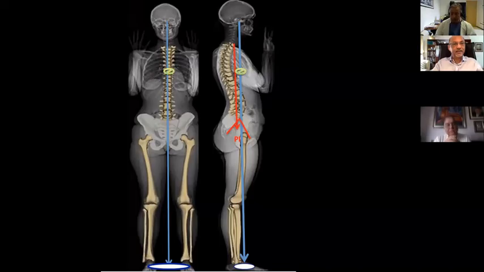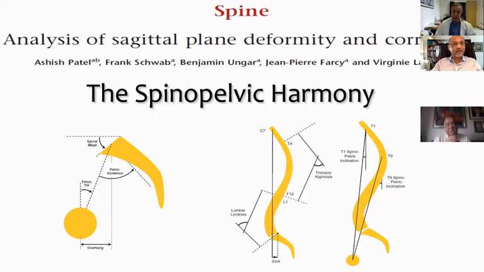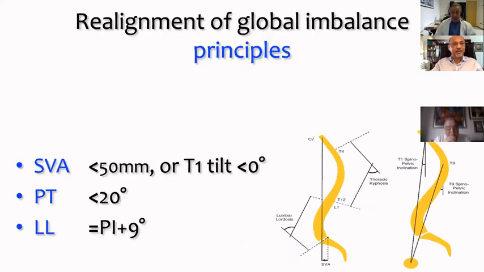I will not go through all the theory about what global balance is. It has been said. And again, this paper is well known about the spinopelvic harmony and all the global parameters. The same paper talks about the measures to correct SVA, pelvic tilt, and lumbar lordosis.